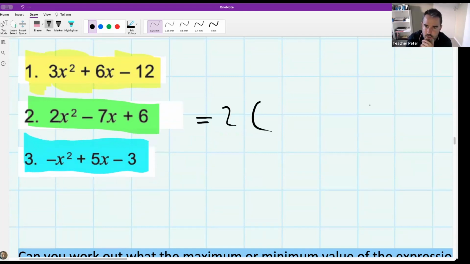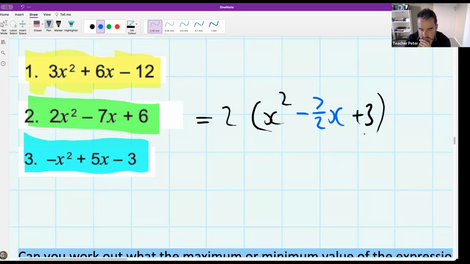Now for number 2, I have to use some tricks I learned today. This part is easy, but knowing what that is is a bit harder. It's going to be minus 7 over 2 x. Now, we need to do some hard work with the minus 7 over 2.